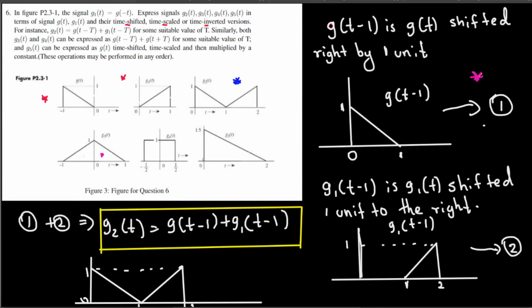Initially we have what do we have here? We have a function that looks like the shifted version of g of t, that is g of t minus 1, like this, right? We can use that one right here. So we can use g of t minus 1 over here.